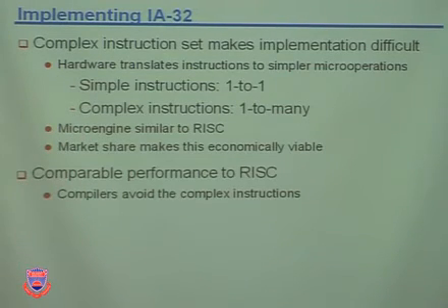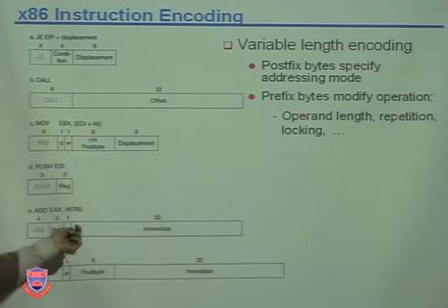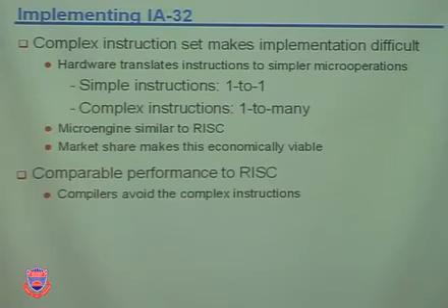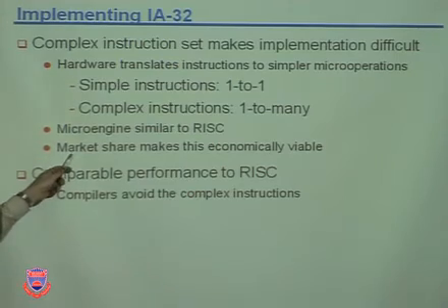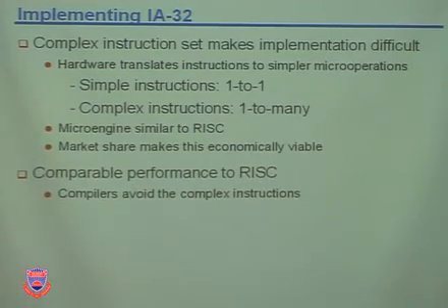So one complex instruction of the kind that we showed here will translate to many of these micro operations. Now the micro operation engine is actually similar to a RISC machine. Executes them reasonably efficiently. And because Intel has a large market share, their profit allows them to be able to do such things. Okay, so it's a weird translation back to simplicity at the low level because they didn't give it at the high level.